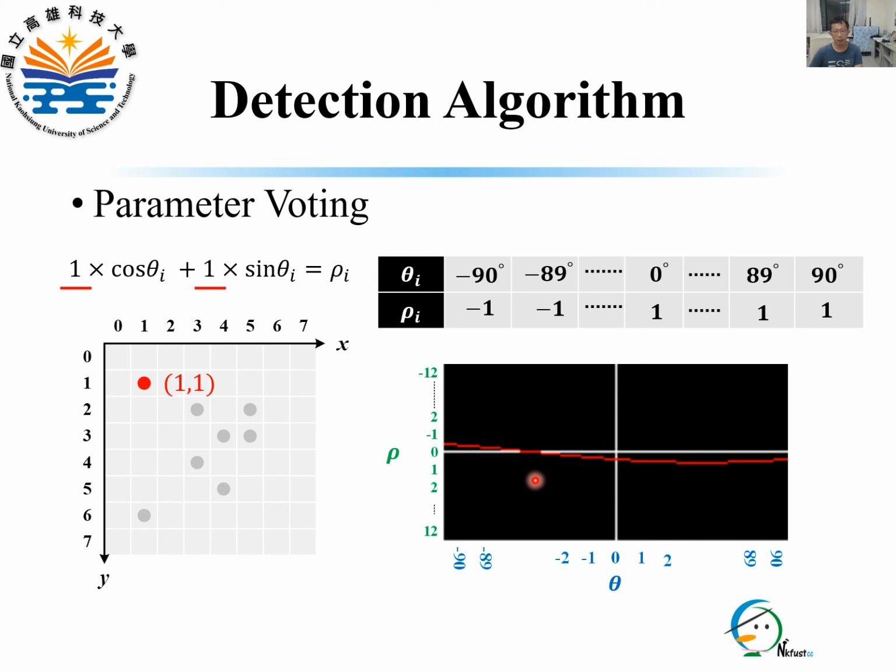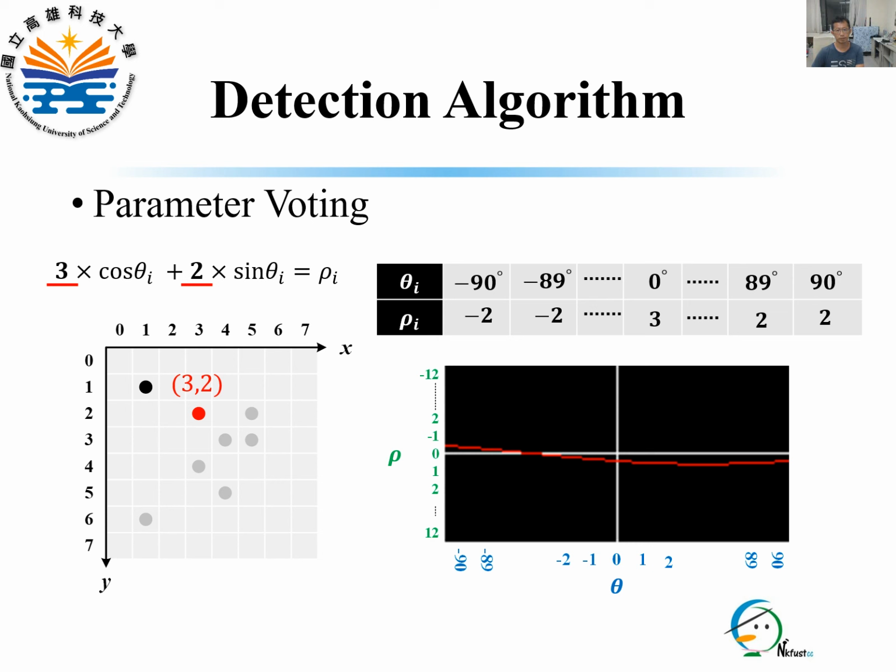The red line shows the voting path from these computed rho and theta values, which is a sinusoidal curve. For the second point at (3, 2), this table shows the rho and theta values that satisfy this equation. In this figure, the green line shows the voting path of this point.